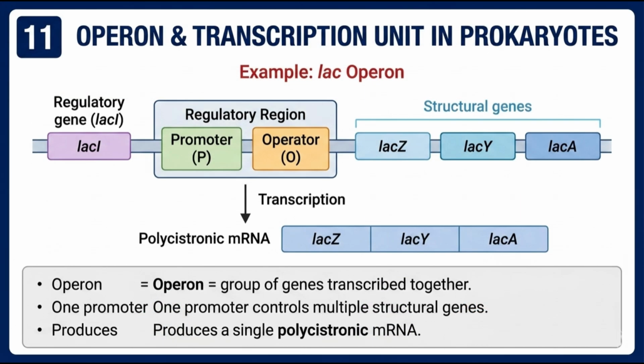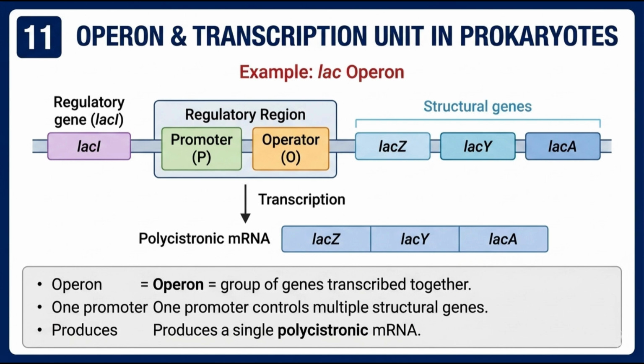Operon and transcription unit. An operon is a group of genes transcribed together under the control of a single promoter. Operons are characteristic features of prokaryotic gene organization. A typical operon contains promoter, operator, and structural genes.